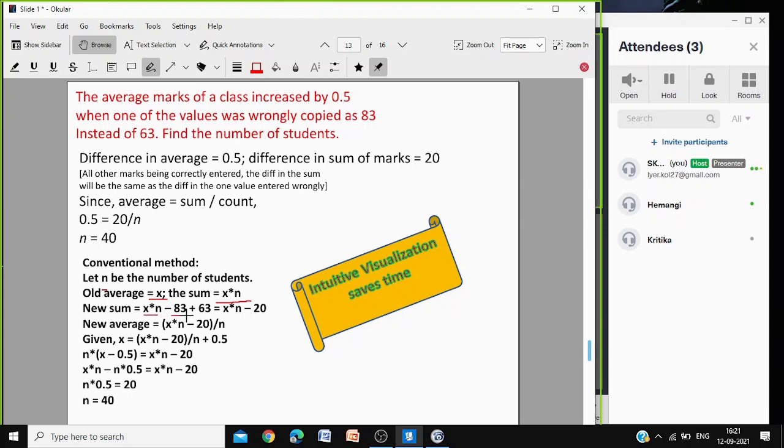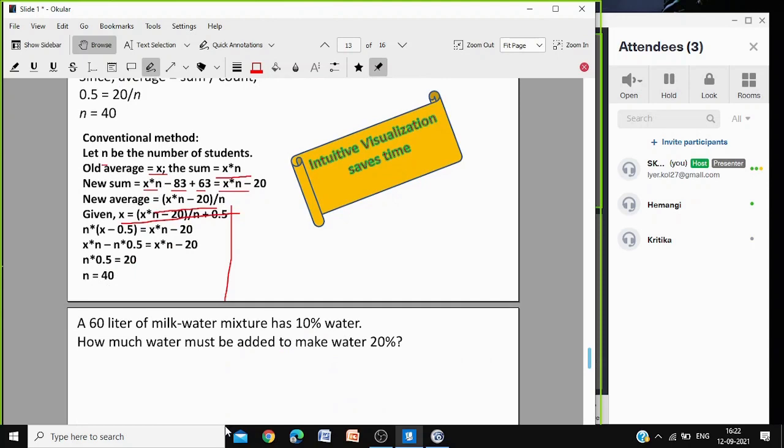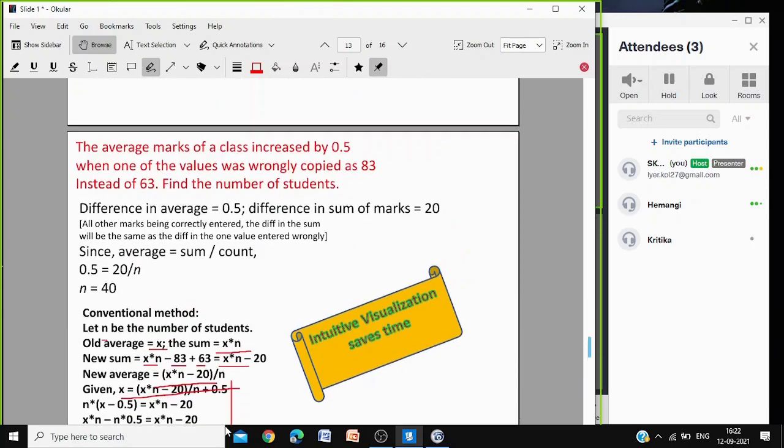Remove what is wrongly copied and then add what is correctly copied, then you will get the new sum, and this will give the new average. Then you will say the old average minus new average equal to 0.5 and then you will calculate it. This is the traditional method. Now we have a better method. Difference in average is 0.5.